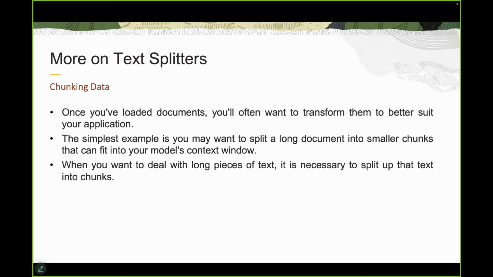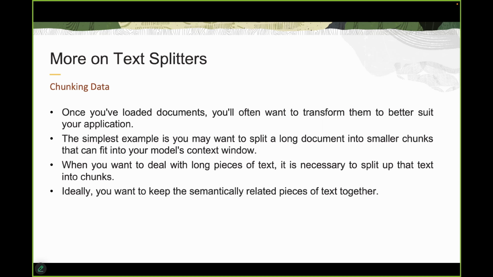When you want to deal with long pieces of text, it is necessary to split up that text into chunks. Ideally, you would want to keep the semantically related pieces of text together. What semantically related means could depend on the type of text you are dealing with.